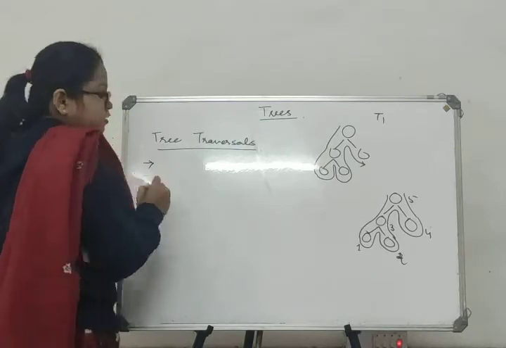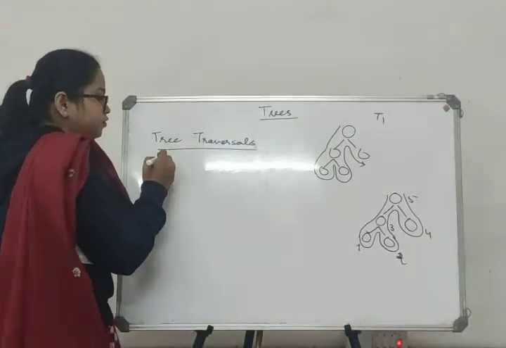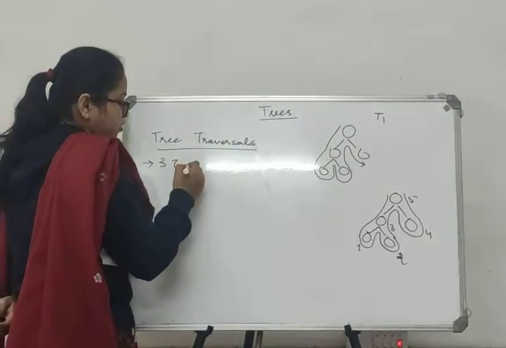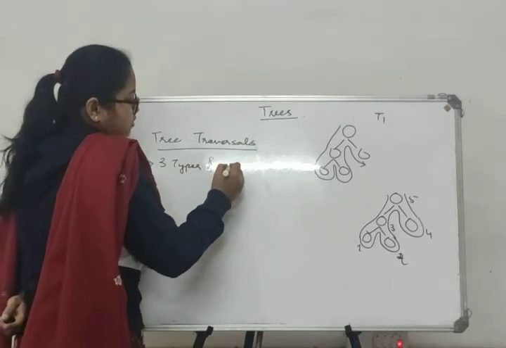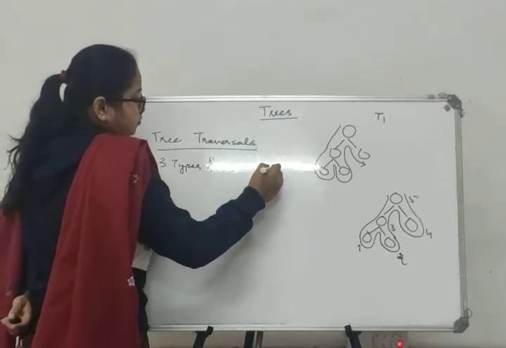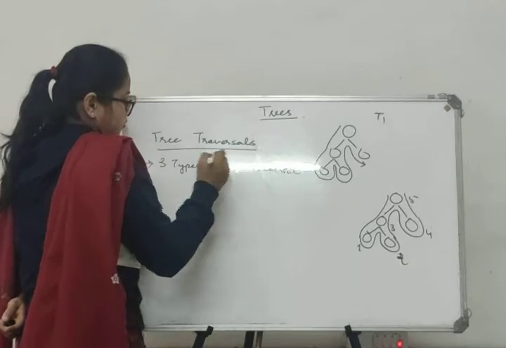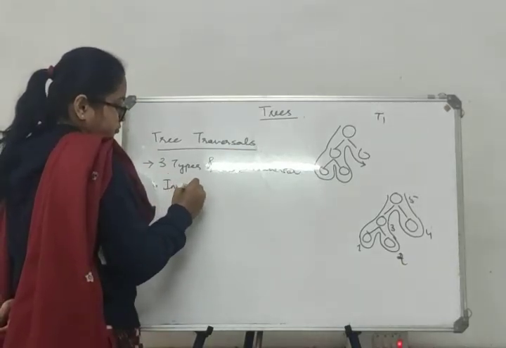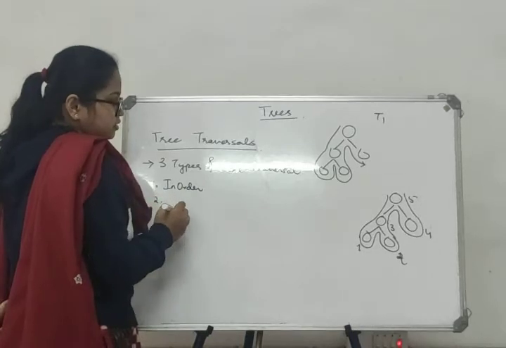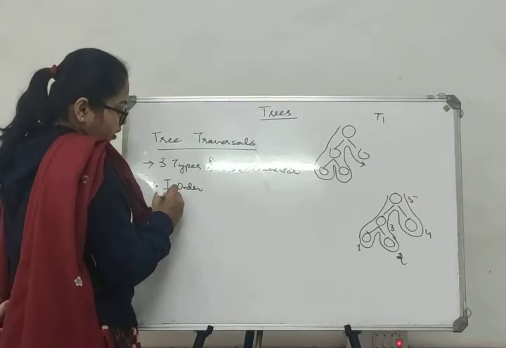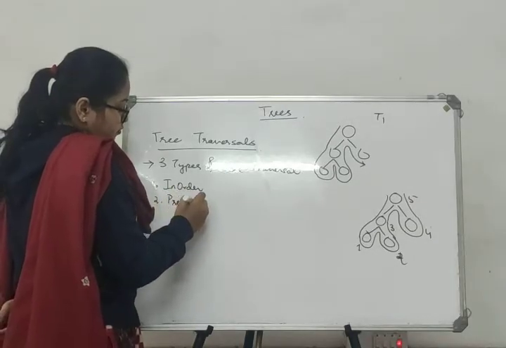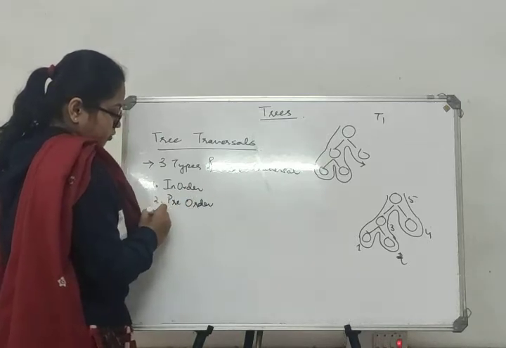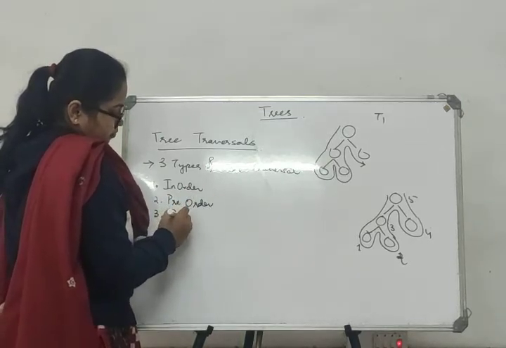So I will just tell you in detail that we have three types of tree traversal. One is in-order, second one is pre-order, third one is post-order.